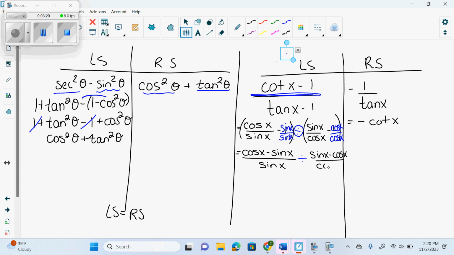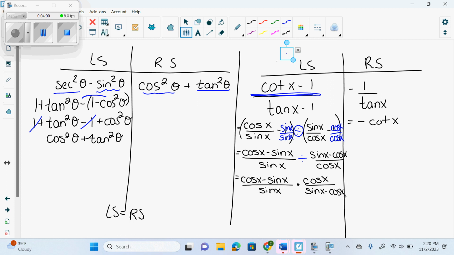Now do I have full fraction and full fraction? Yes, so then can I flip and multiply? Yeah. So I get cos x minus sine x over sine x times cos x over sine x minus cos x.